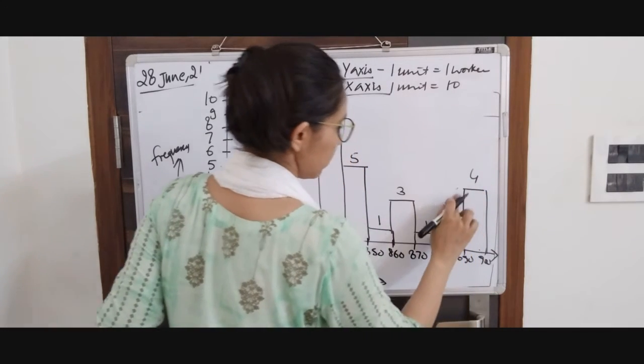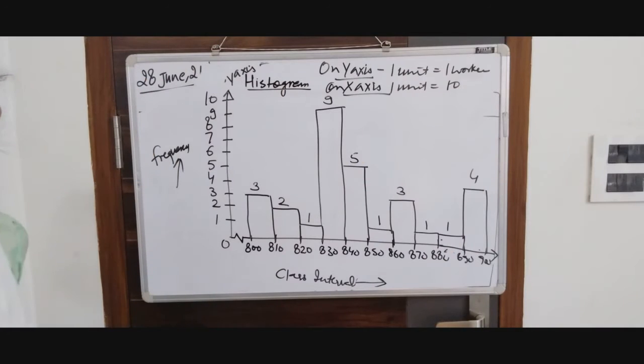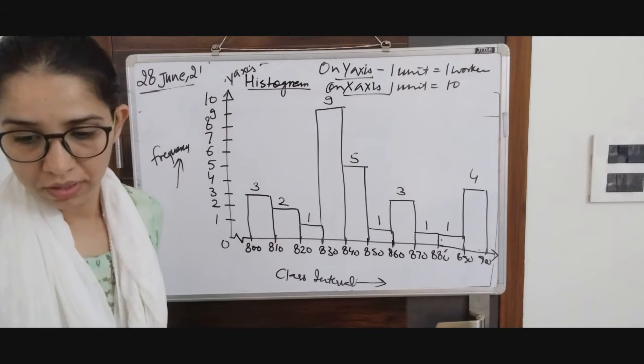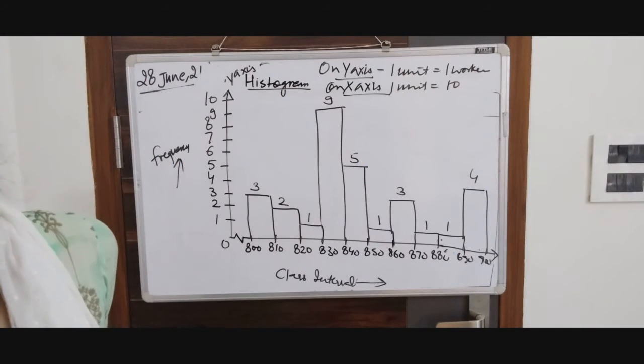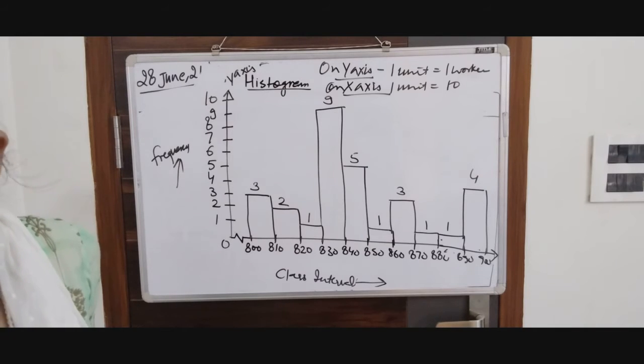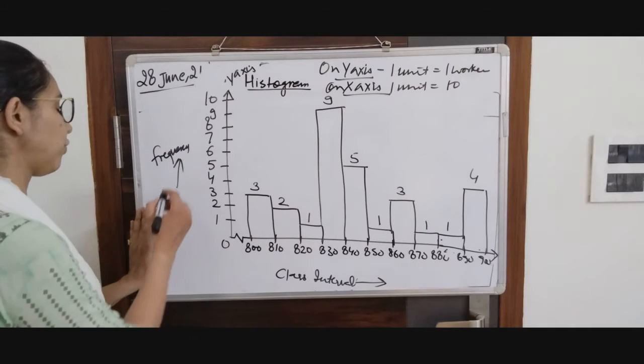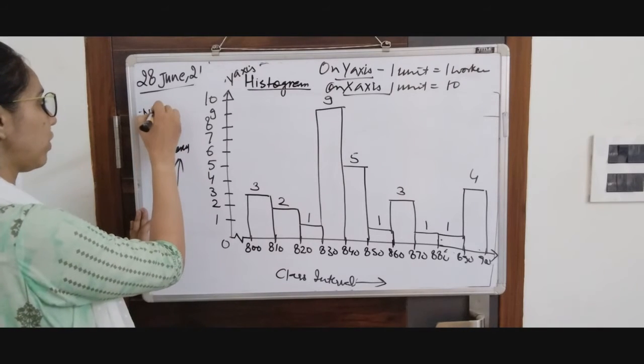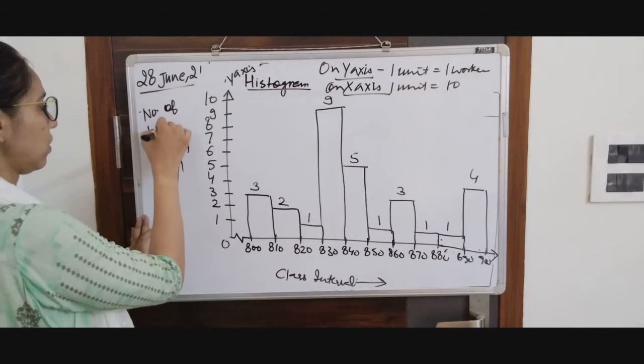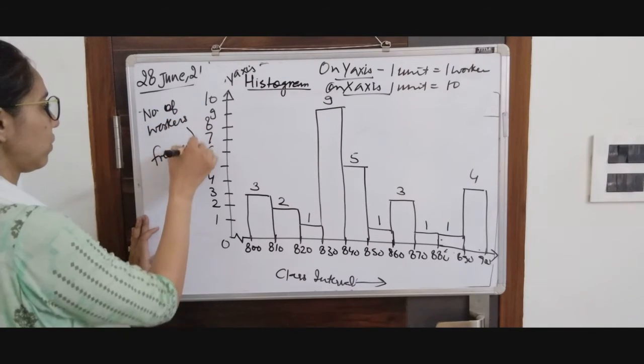Okay. This is your rough representation of histogram. This is how your histogram is going to look like. You can write frequency, or you can write number of workers also.